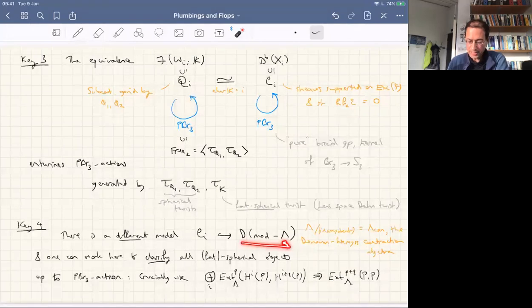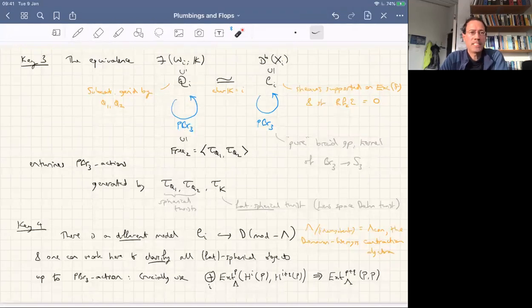The right-hand side of this spectral sequence, mirror symmetry says, is some kind of Floer cohomology of the Lagrangian corresponding to P that I care about. But the left-hand side has no symplectic interpretation in general. And it's the ability to access this that makes going through an equivalence like this worthwhile.